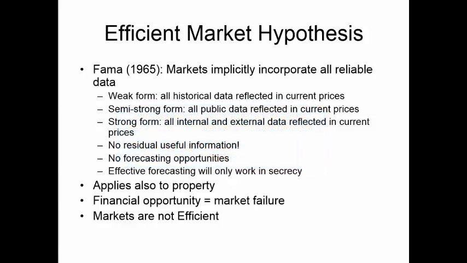The second version of Fama's efficient market hypothesis is the semi-strong form. This suggests that not only historical data, but all currently available public data is reflected in current prices. The semi-strong form looks not only at past trends, what the chartists look at, but also recent announcements, such as discoveries of new mines for a mining company or some technological development increasing the efficiency of some other factory or industry.